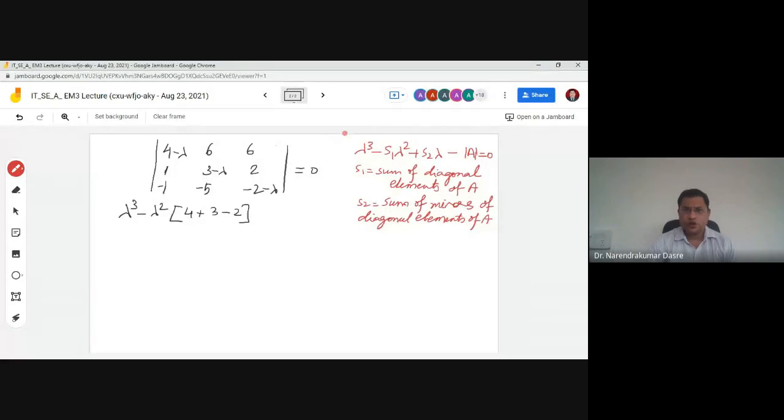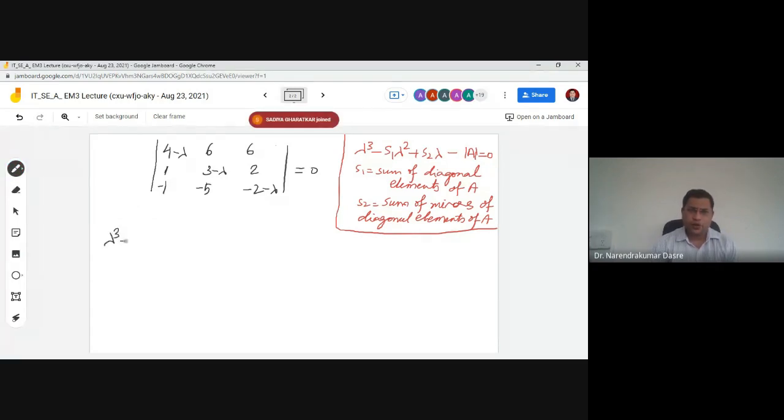So that's what we need to understand. So we got here lambda cube minus lambda square times the sum of the diagonal elements, so it is going to be 4 plus 3 minus 2, and then plus lambda times.